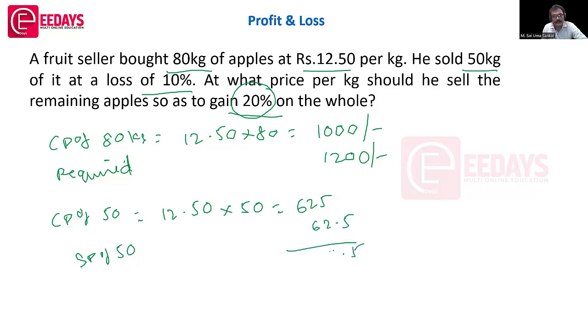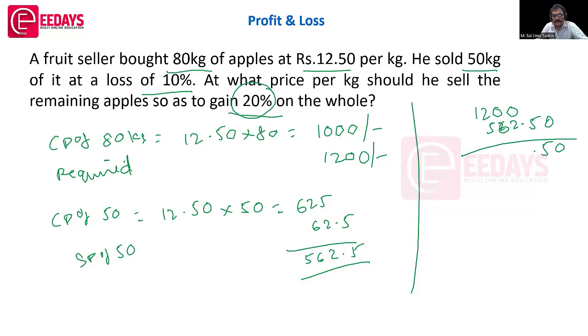So this is equal to 5. This is equal to 2. Next, 62. This is equal to 562.50. Now, here our required amount is 1200. Here we have 562 rupees 50 paisa. Okay, what will the remaining amount be? How much is needed? Yes. And this is equal to 8, and this is equal to 3, and this is equal to 6. So the remaining amount, that is, the remaining 30 kgs of apples, if sold for 638 rupees 50 paise, what profit do we get? 20%. That is okay, right.